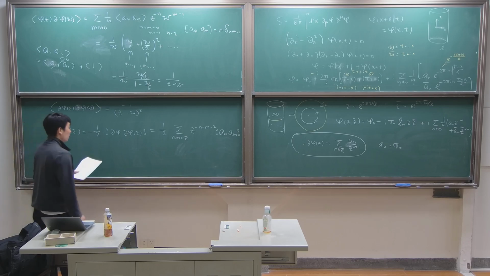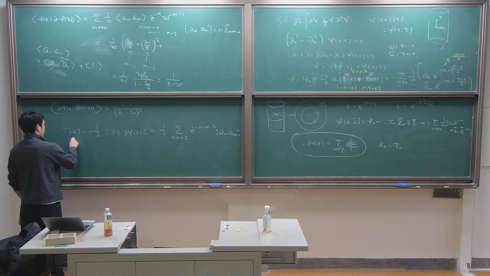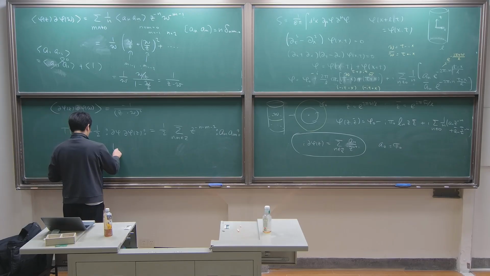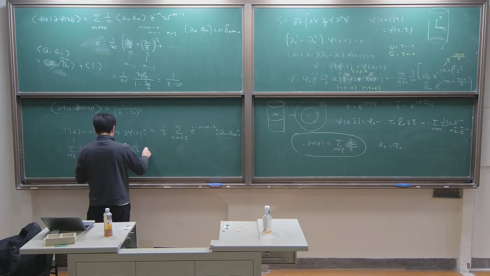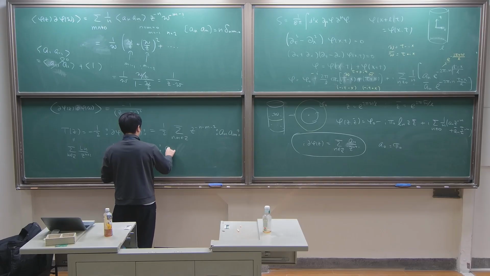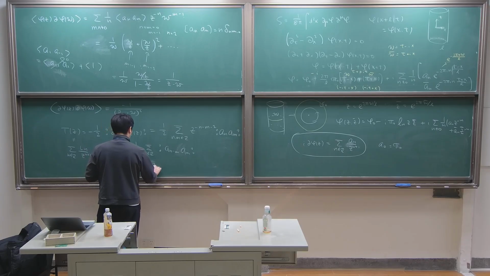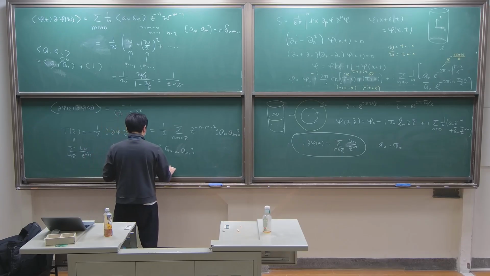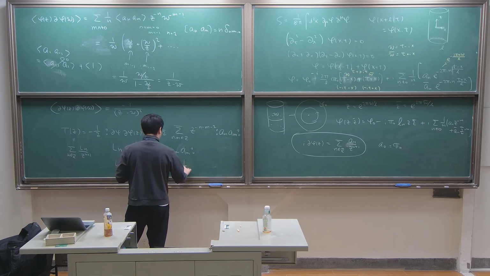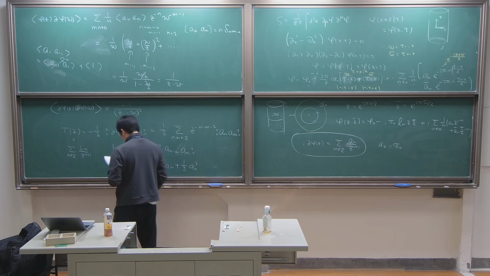So if we know this one has a mode expansion of L_n z^{-n-2}, and n is an integer, from there we can conclude that L_n is equal to 1/2 sum over m in integers normal ordering of a_{n-m} a_m, and L_0 is equal to sum over n greater than 0 of a_{-n} a_n, plus 1/2 a_0 squared.